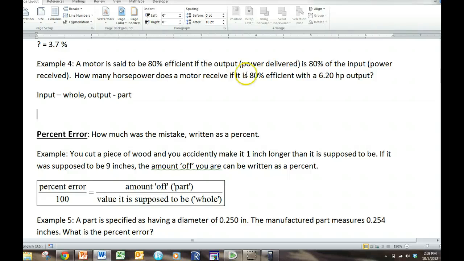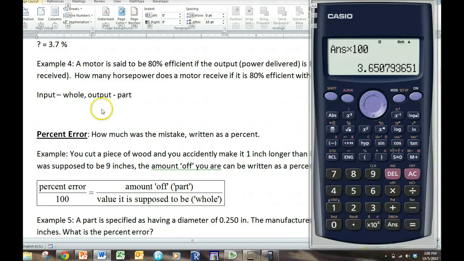So when I set up my equation, let's do that now. I have 80% as a decimal, which is 0.8 times the whole, which I don't know, is equal to the part, which is 6.20 horsepower. Now hopefully you printed this problem out, so the fact that I'm covering up a piece of it doesn't matter so much. Now remember, I want to know the question mark, so I take my 6.2 and I divide it by the thing that's multiplying.